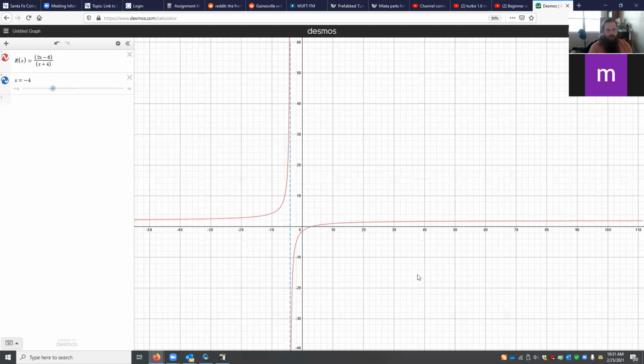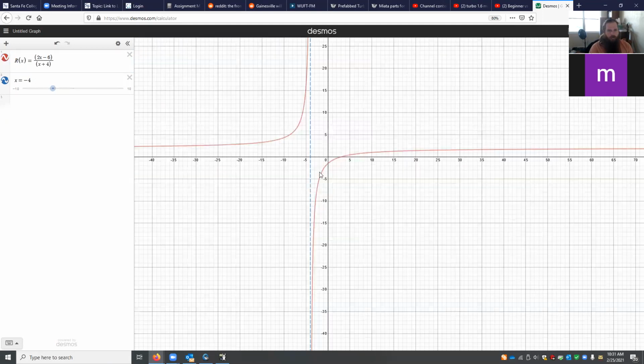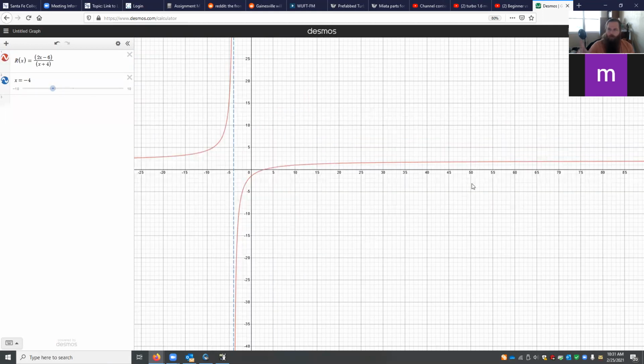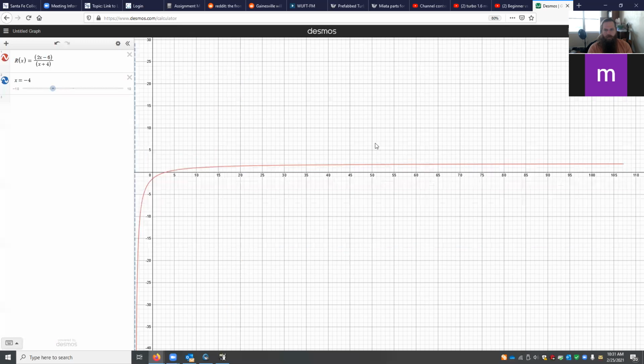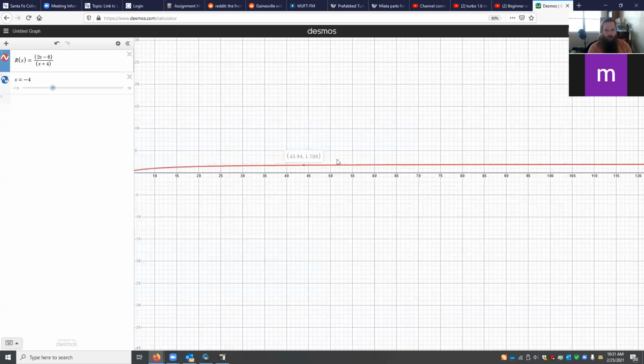The other kind of interesting behavior that's going on here is as we wander further and further off to the right, it's not like a polynomial, where polynomials just end up going up. Either they go up on one side and down on the other, or they go up on both sides, where the function blows up. Here, the function seems to be getting closer and closer to some particular number as we run off further and further to the right.